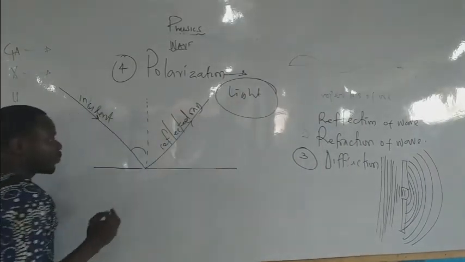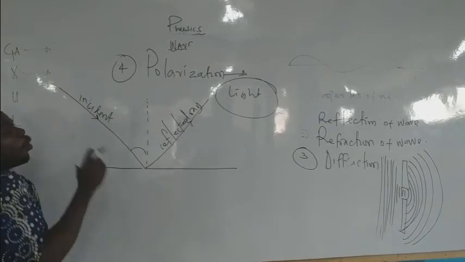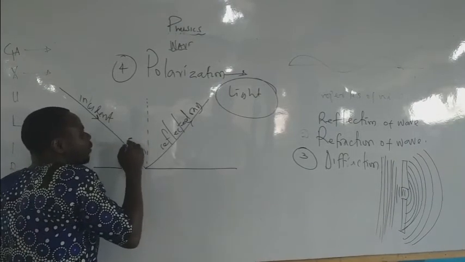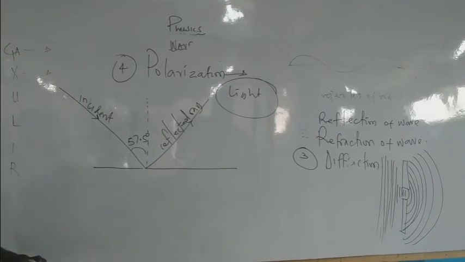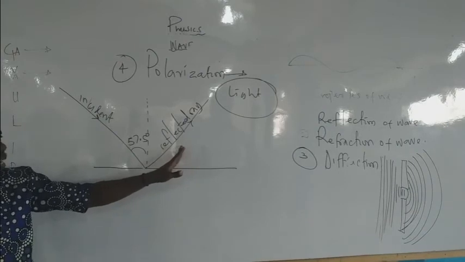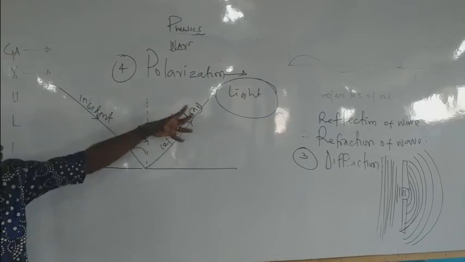This reflected ray will be plane polarized if this angle is 57.5 degrees. But if the angle is not 57.5 degrees, the reflected ray is not a polarized ray.